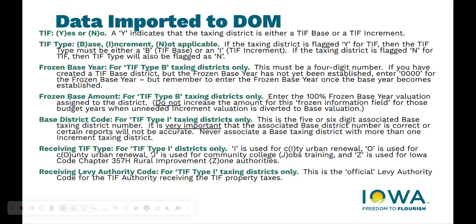Receiving TIF type, for TIF type increment districts, it's basically just indicating what is the TIF authority type that's receiving the revenue? Is it a city urban renewal?